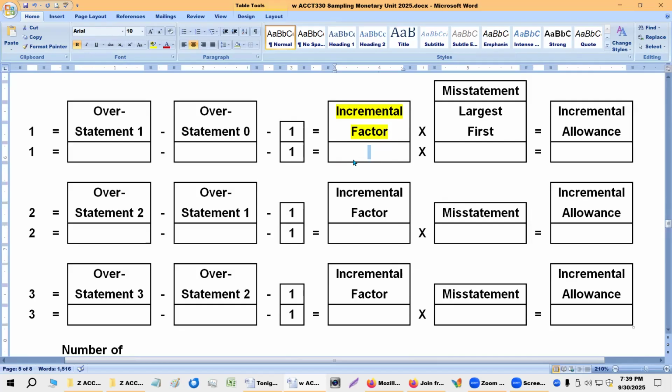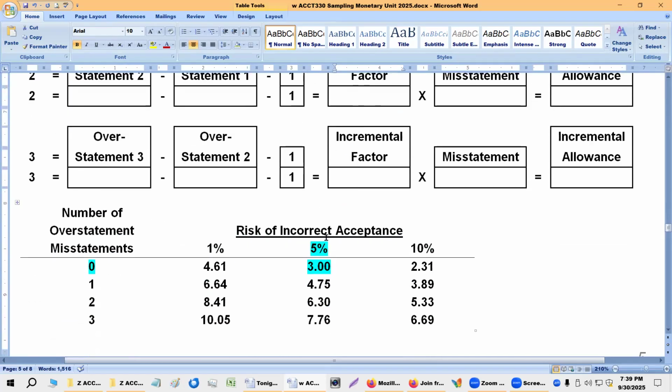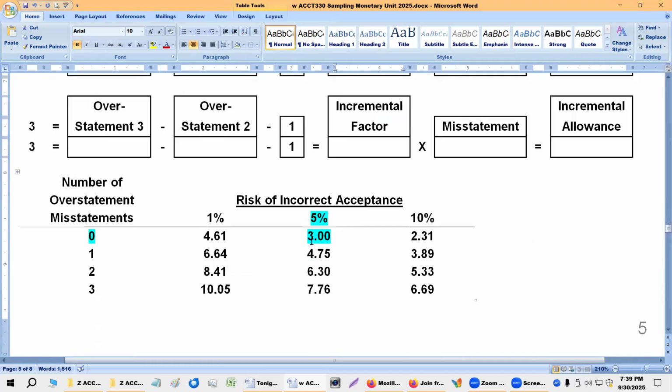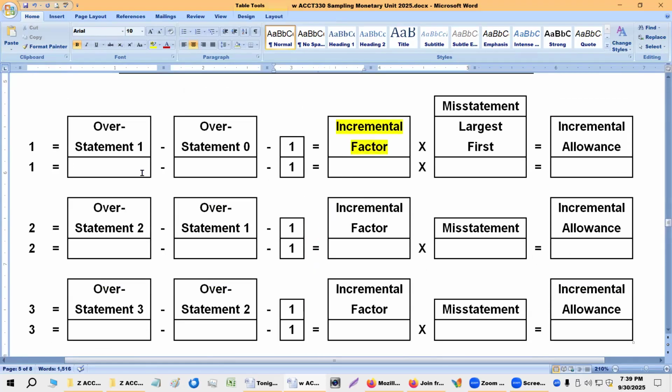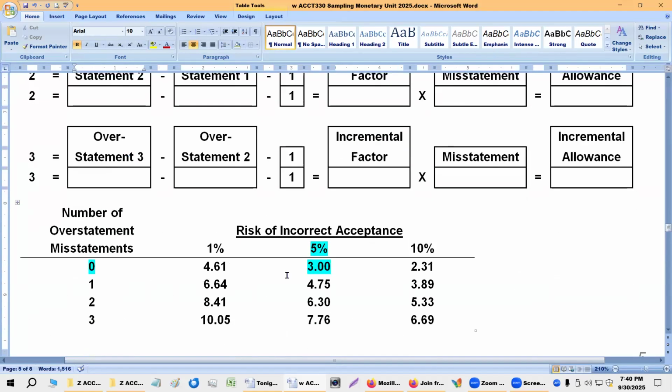We have to go down to the incremental table, and we're at 5%. So for overstatement 1 versus overstatement 0, we take the difference between those two, minus 1, that's just the formula. And this will give us our incremental factor. Yes, this is tedious, but it's the way it is.